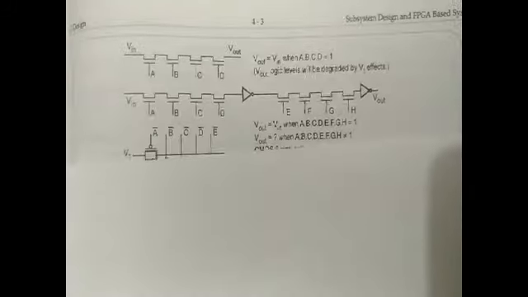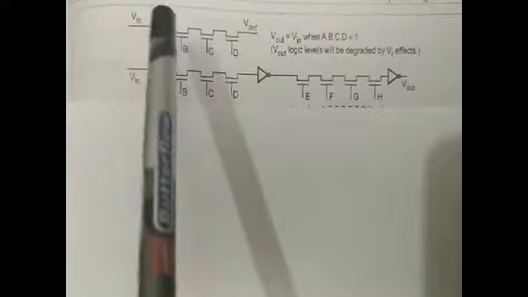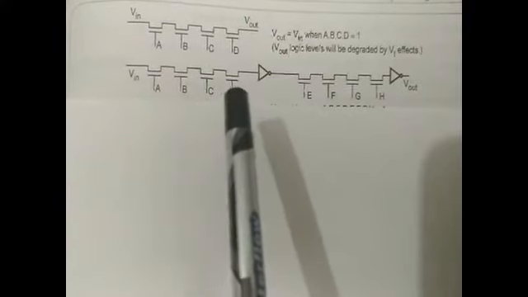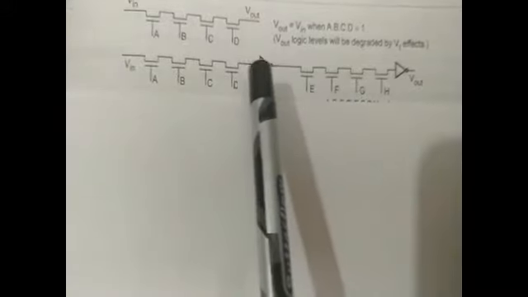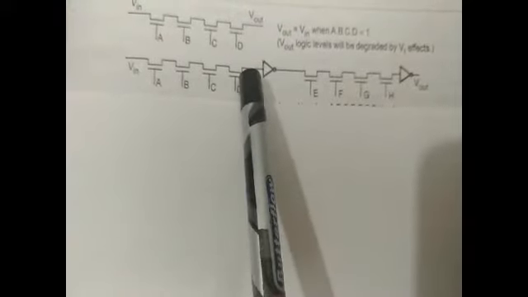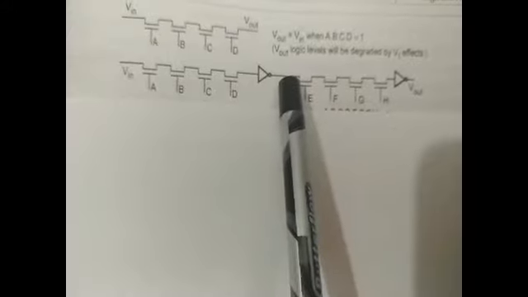Now the same example, if I connect it using two inverters, what will happen? See here, the same thing we have discussed. When A is equal to B is equal to C is equal to D is equal to 1, V in is cutting across here. So V in is equal to 1, and the output here is 1. Since it is connected with the inverter, we will be getting 0.